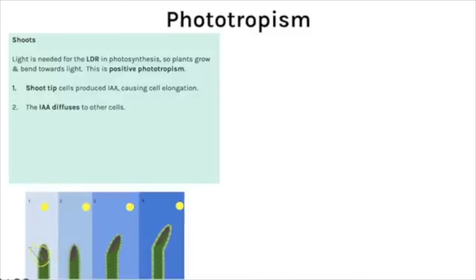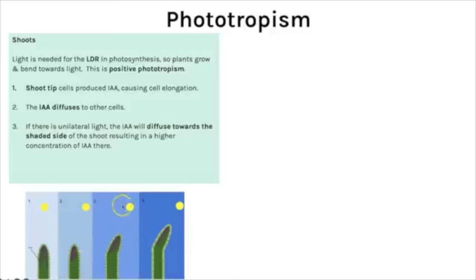Now, the IAA diffuses to the shady side. So in the first images, we can see that the IAA is diffusing downwards away from the light source. However, in the other images, we can see we've got a unilateral light source, meaning it's coming from one side. And picture 3 shows you the light to the right-hand side.